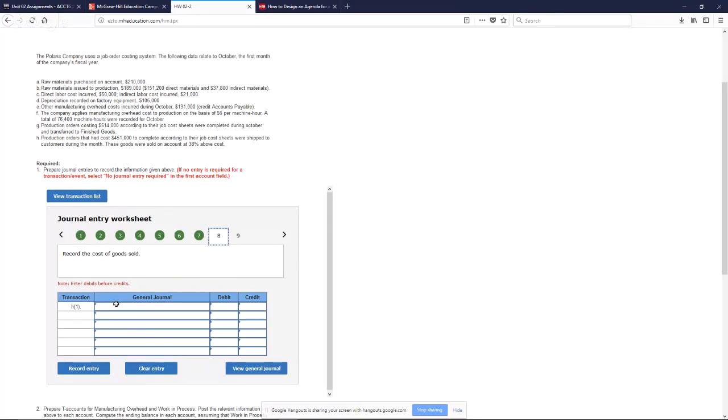Okay. Number 8, record the cost of goods sold. This one was just, I think I had to add something up. Let's see here. No, I didn't. It was just what was transferred over. So cost of goods sold was 448.